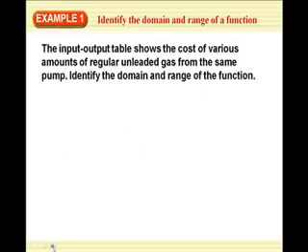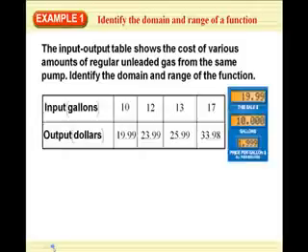Example number 1, identify the domain and range of a function. The input-output table shows the cost of various amounts of regular unleaded gasoline from the same pump. Identify the domain and the range of the function. Remember, we just wrote them in our vocabulary: input and output, the input in gallons and the output. In this case, these numbers right here are the domain.